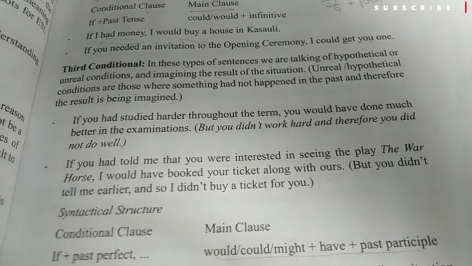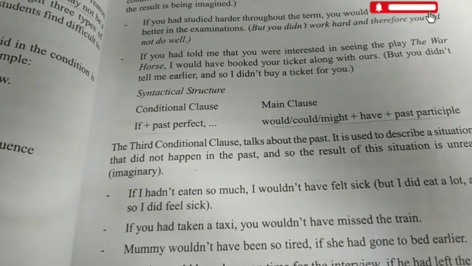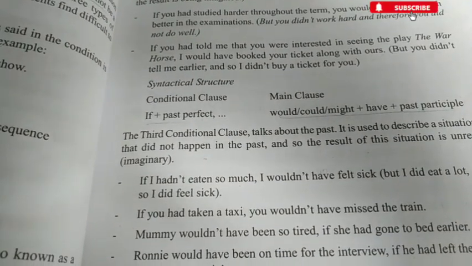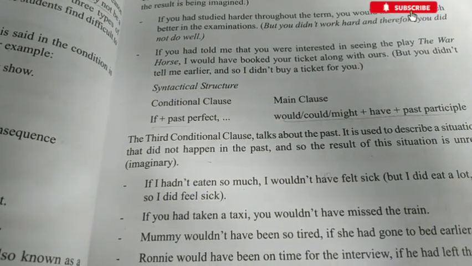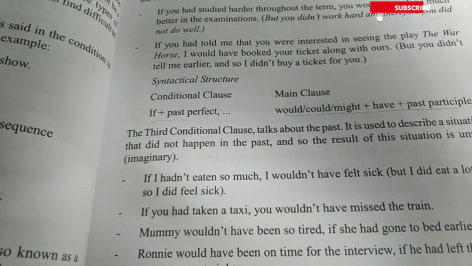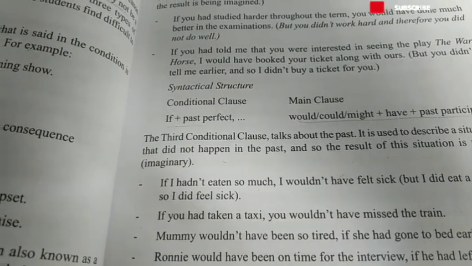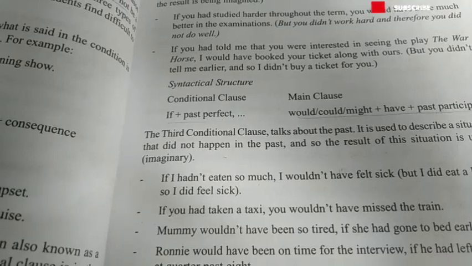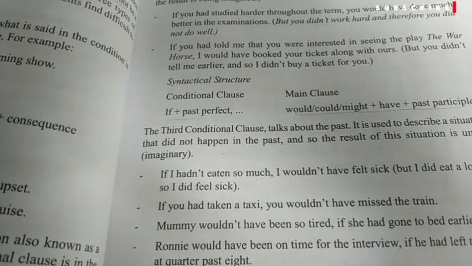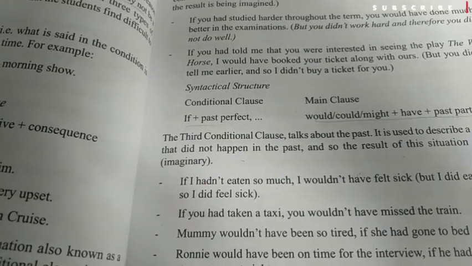Third conditional. So see what's coming in the third conditional. We begin with if plus past perfect and then the main clause could or might plus have plus past participle. So we can see an example here.